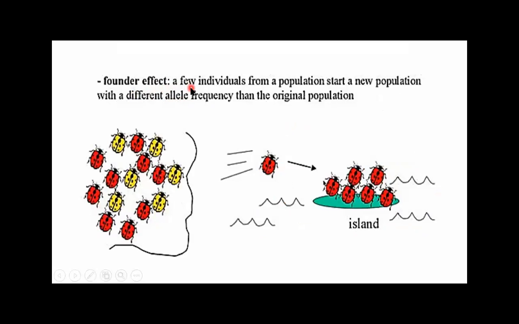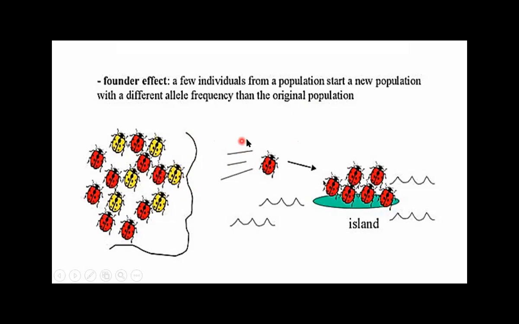What is the founder effect? A few individuals from a population start a new population with a different allele frequency than the original population. For example, this is a population.